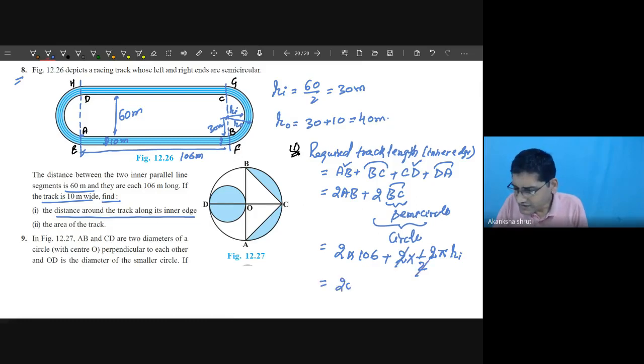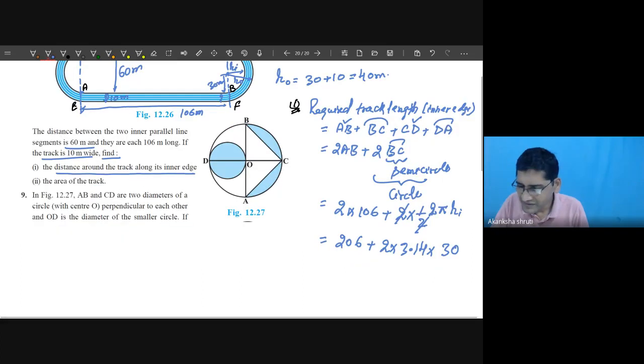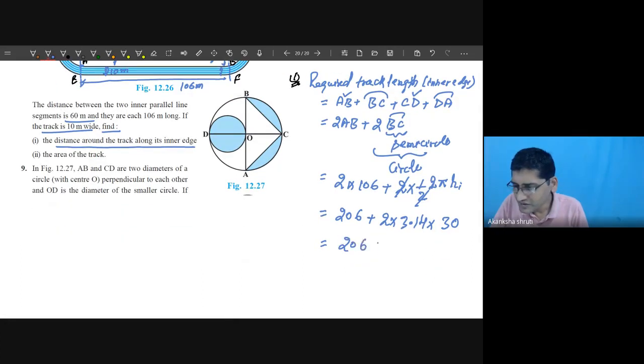So it becomes 206 plus about 2 into pi into r, 3.14 into the radius r. Inner radius we have to take. Student, already this ri we have taken as 30. So you can just multiply this 2 into 3.14 into 60.